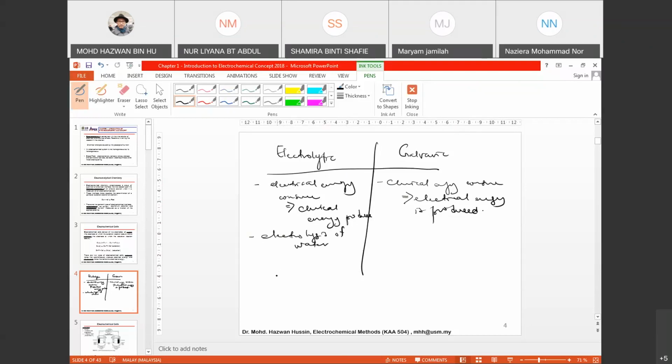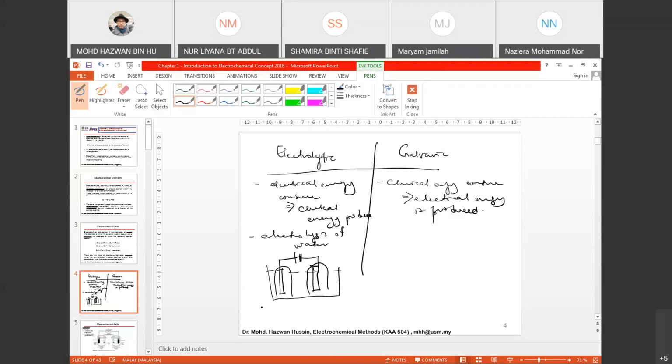You have two similar electrodes. Right, so you have anode and also cathode.